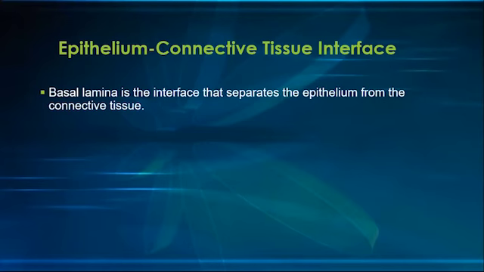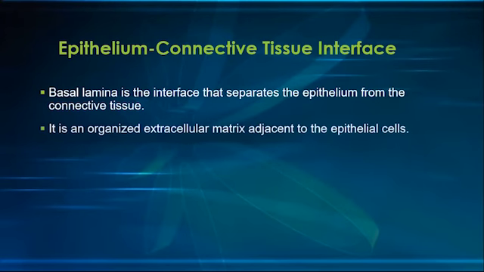So how is this epithelium connective tissue interface going to look like? So we can see that basal lamina is the interface that separates the epithelium from the connective tissue.